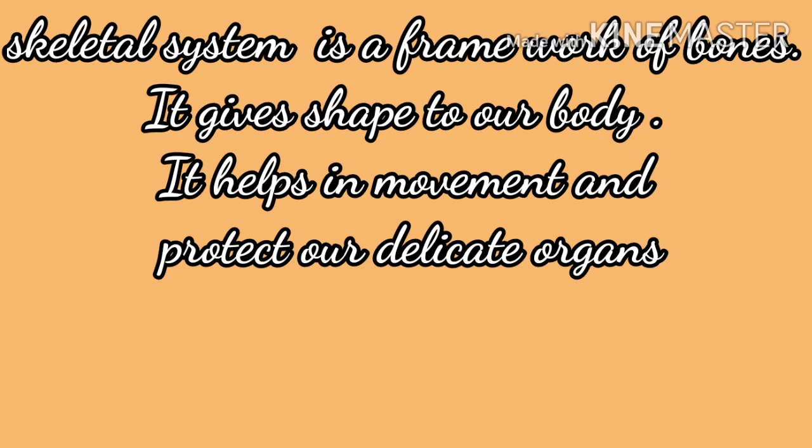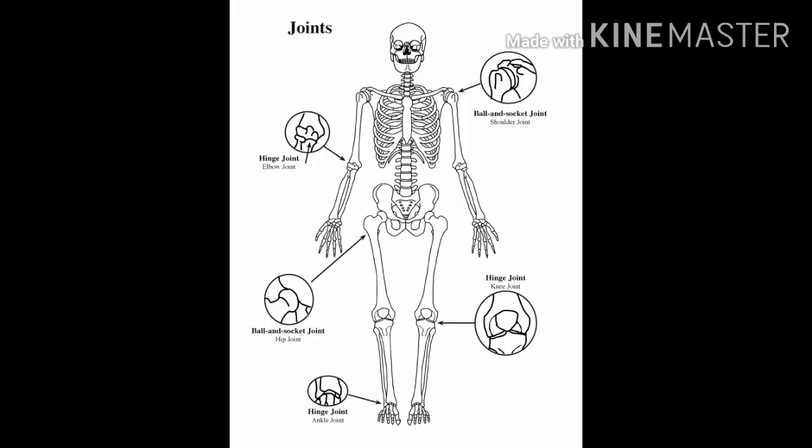So, we can say the skeletal system is a framework of bones which gives shape to our body, helps in movement, and protects our internal organs. Here in the diagram you can see the different bones and joints which make our skeletal system.